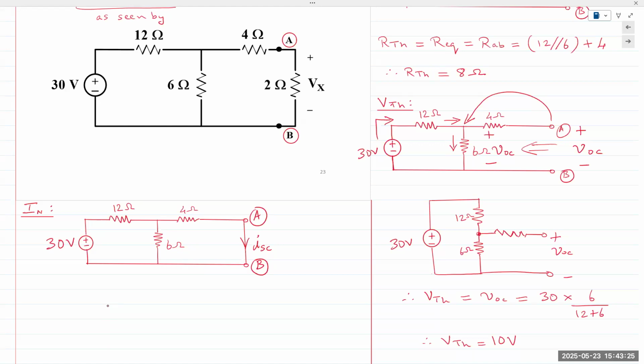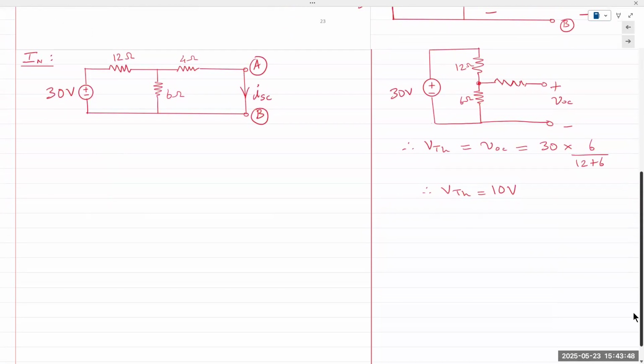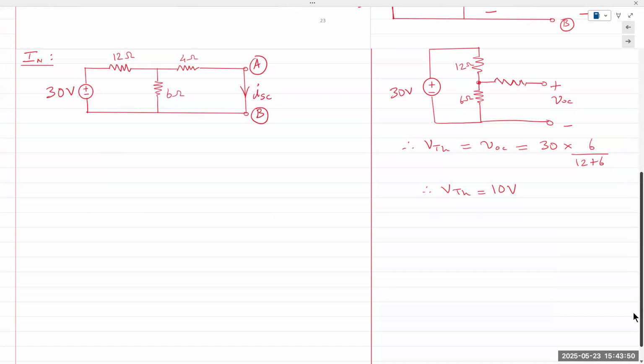Anyone? It does give a pathway to the current, but more importantly, it's taking the 4 ohm resistor and connecting it to the other end of the 6 ohm resistor. So what is the relationship between the 4 and the 6? They become in parallel. Absolutely. Both of you are correct. The 4 and the 6 ohm resistor are now in parallel.